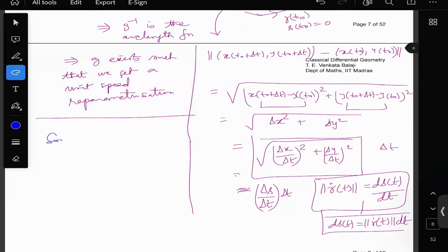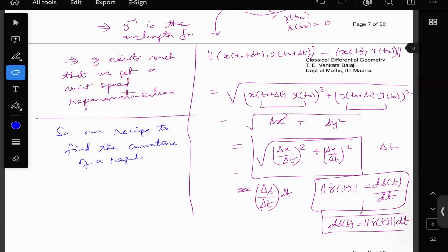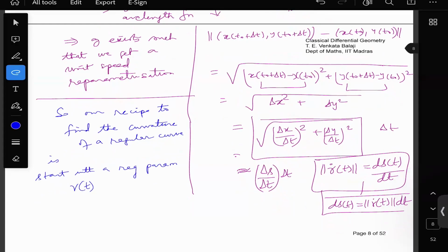Our recipe to find the curvature of a regular curve is: start with a regular parametrization, gamma of t. So gamma length function.